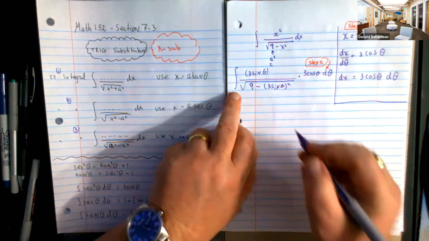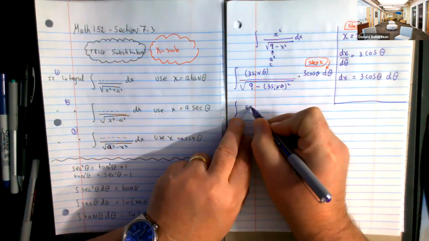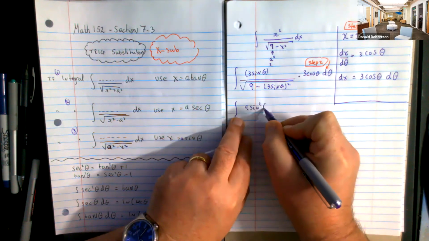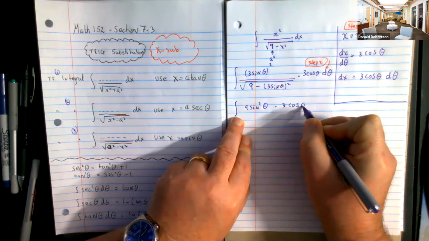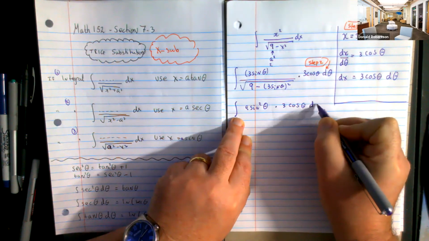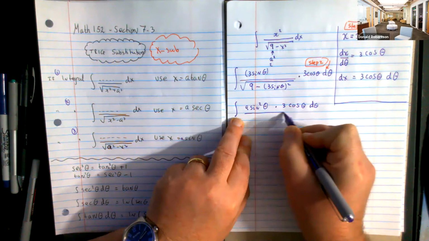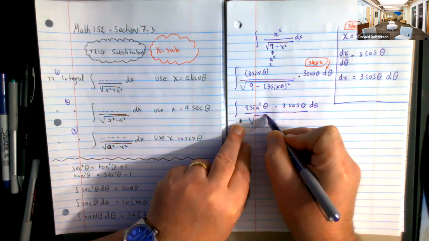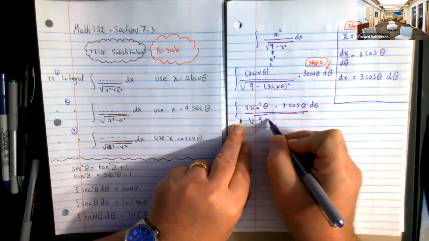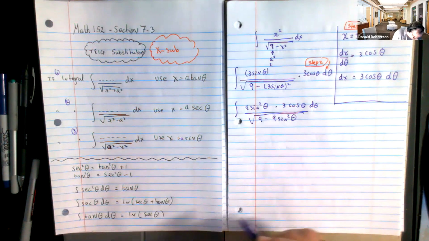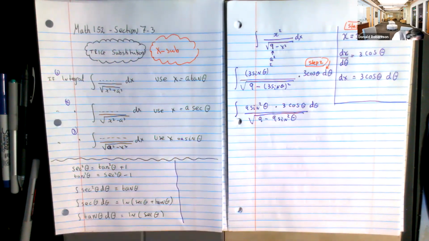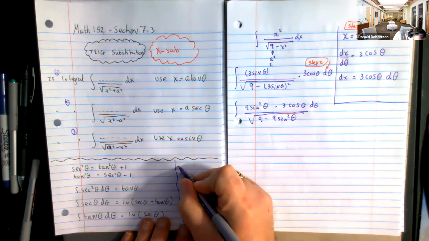So 3 sine theta times itself is 9 sine squared theta times 3 cosine theta d theta. And on the bottom, we've got the square root of 9 take away 9 sine squared theta. And I've just thought of some guys to put in here.